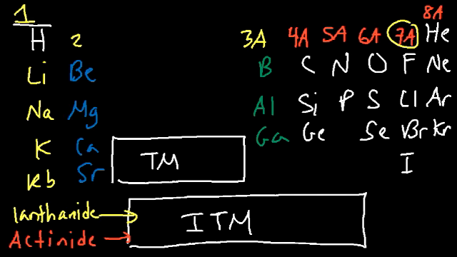Boron, aluminum, those guys have 3 valence electrons. Carbon has 4 valence electrons, nitrogen has 5, oxygen has 6 valence electrons, fluorine has 7, neon has 8 valence electrons, but helium only has 2. So you can tell the number of valence electrons based on the group number.